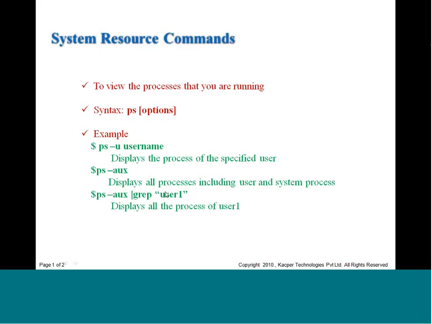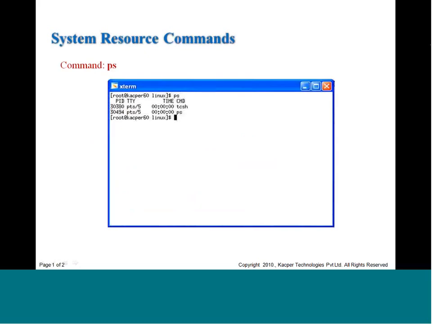So let's look at how this ps command is issued and what the outputs are. In a simple scenario, when you type ps, with a single user in this particular session, it displays this information: the PID, the process ID I mentioned, which is 30380, assigned to the shell.